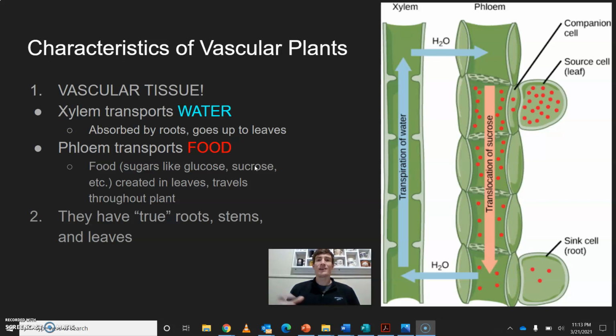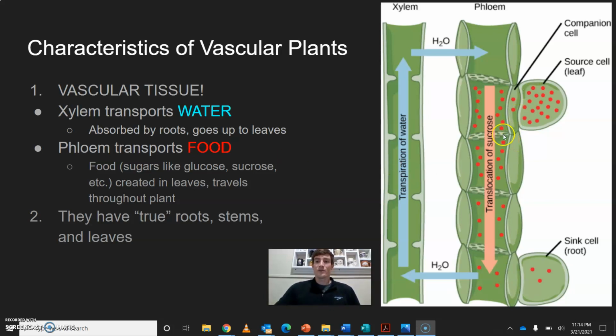Any of the cells that can perform photosynthesis can potentially create food, and once that food is made, it has to be transported throughout the rest of the tree or whatever the plant is, so that it can provide food for the cells, just as our body needs food for our cells. So phloem transports food. Remember the F sound of food, and phloem should help you to remember those two.